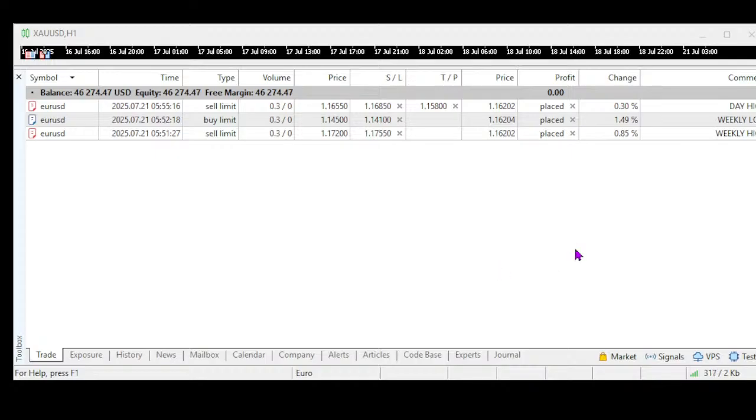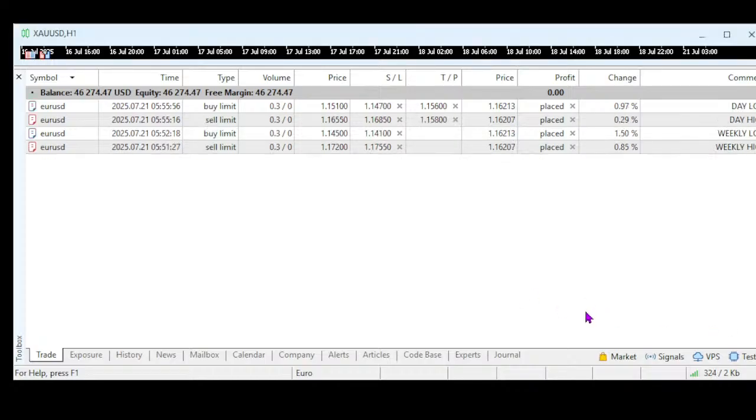So we'll put it as 1.1470 and 1.1560. So this is the day low. So we have a one buy one sell day and one buy one sell on the week.